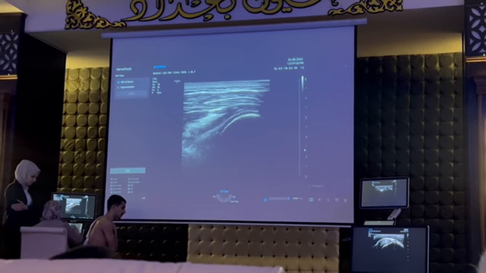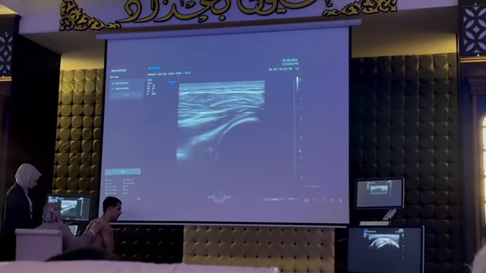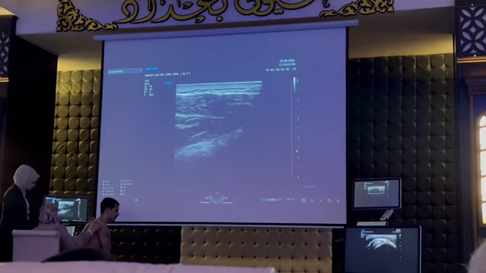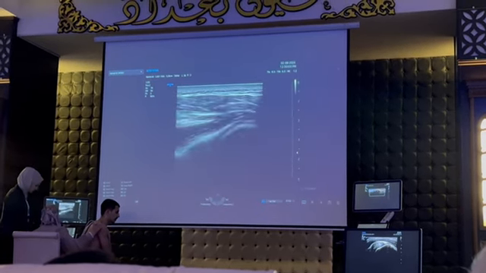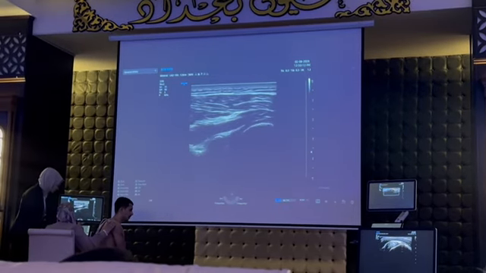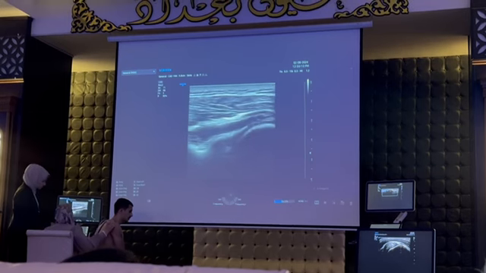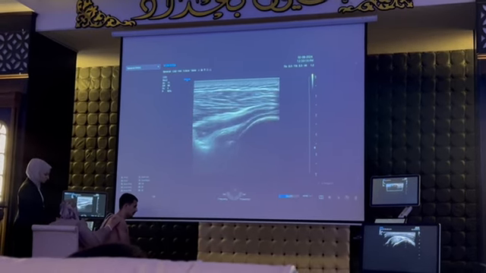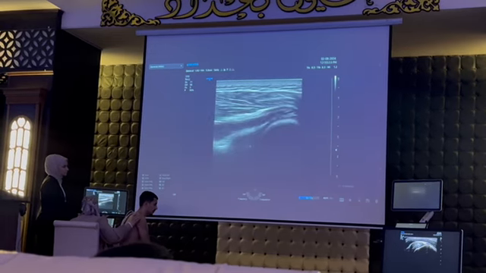How do I see the teres minor? I just make fanning downward. So this is the infraspinatus, and I just make fanning downward. A small muscle will appear.